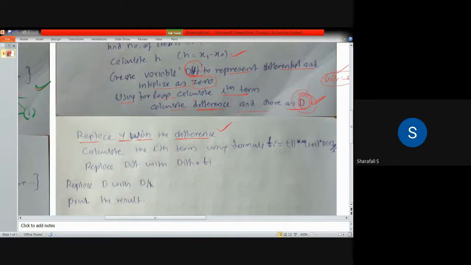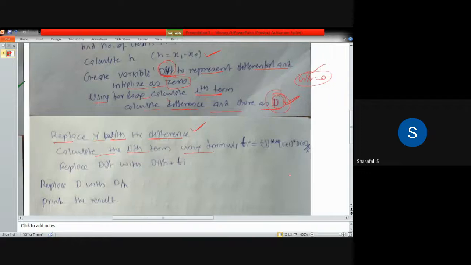Now what you have to do? Now you have to calculate the ith term using the formula Ti equal to minus 1 raised to i plus 1, d of 0 by i. Why do we need this particular formula?